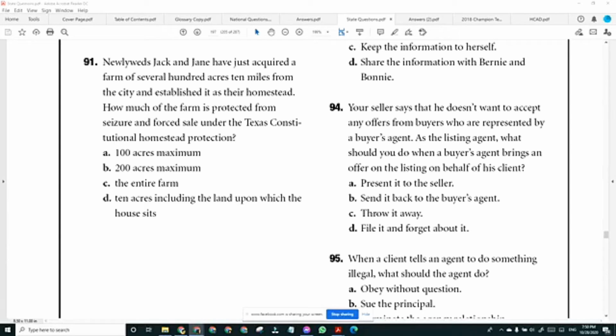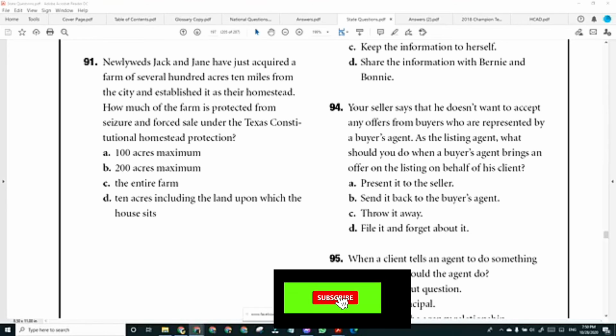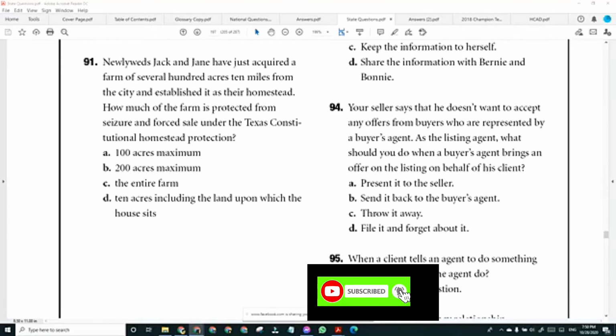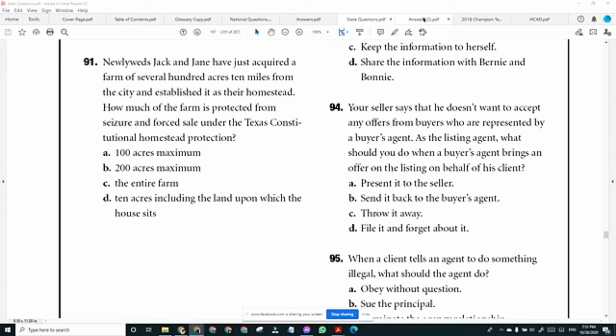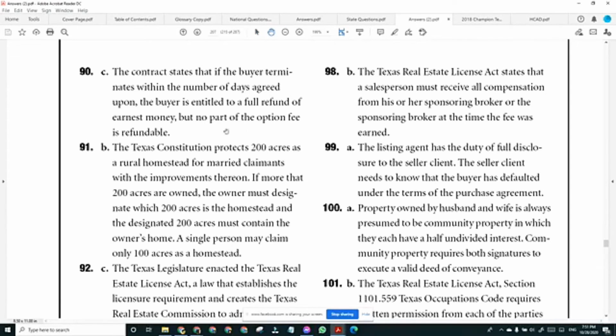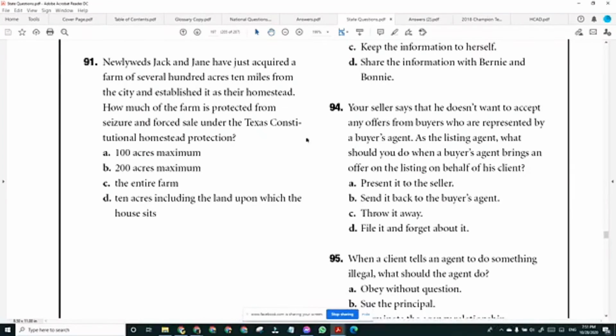Nina, any answer from you? Curtis, you haven't been participating. You're learning. Although you were participating in one of the other ones. 91B protects 200 acres. So think about it as it's a couple. They're 200 acres, okay? That's a way to remember that. 91B.